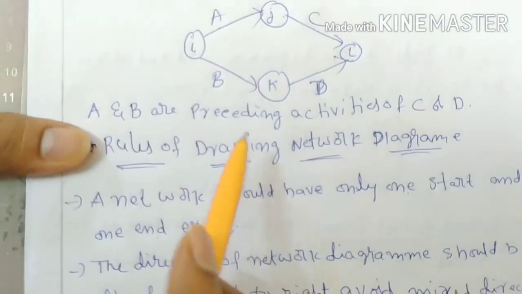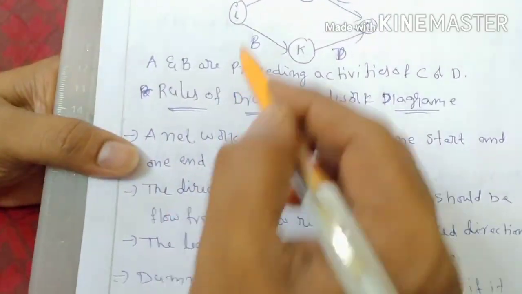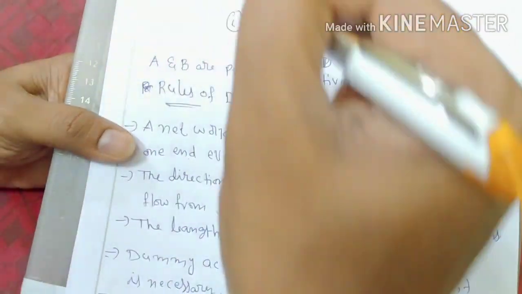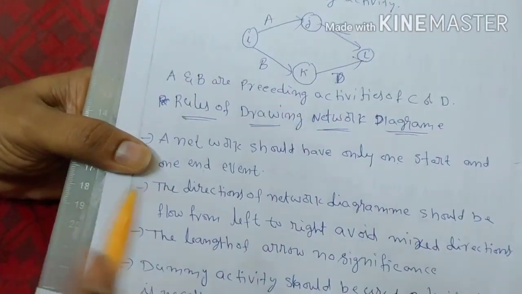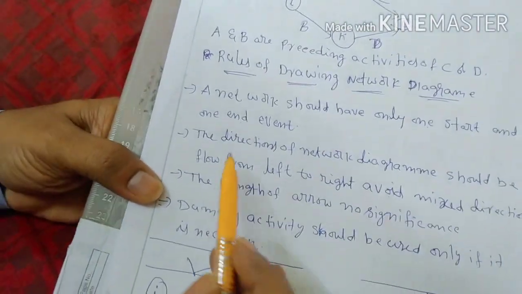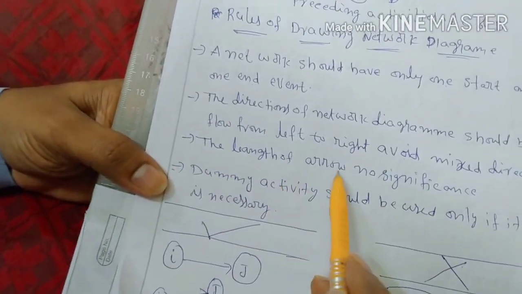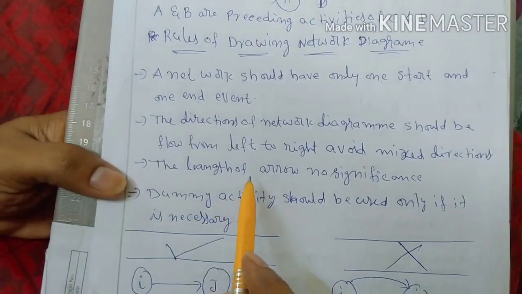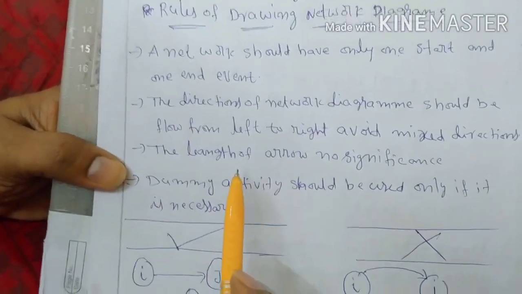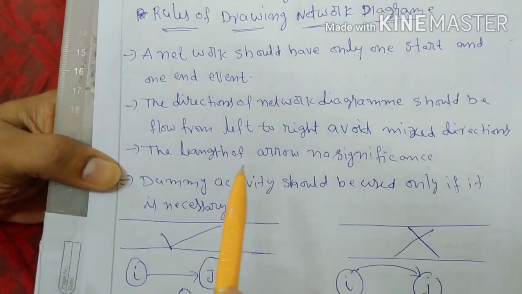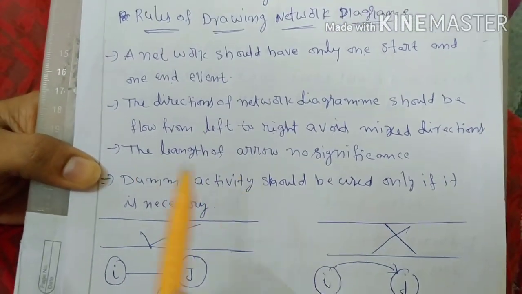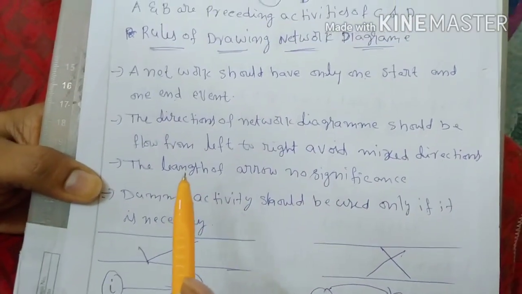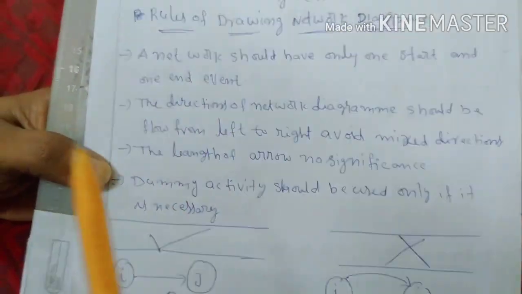We should avoid mixed directions, that means no reverse direction. That is the point. Next, the length of the arrow has no significance. For example, getting the approval may take 1 week, 7 days. Constructing the building may take 60 days.